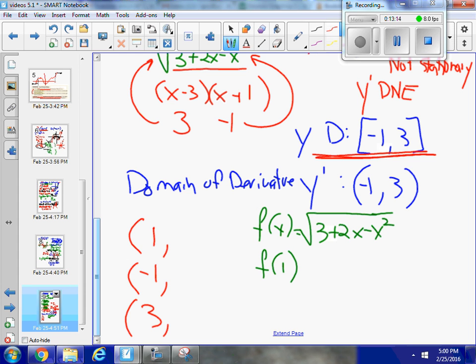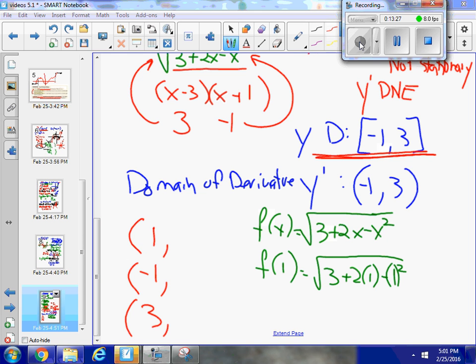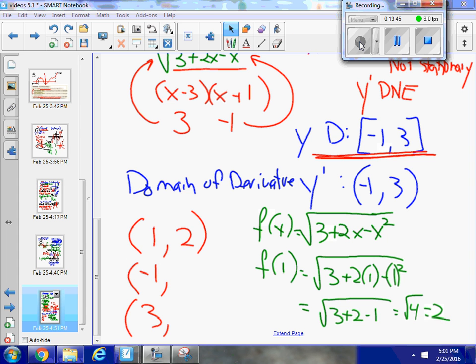Well, f of 1 would be equal to the square root of 3 plus 2 times 1 minus 1 squared. So that's equal to the square root of 3 plus 2 minus 1, which is equal to the square root of 4, which is equal to 2. So I have one possible extrema at 1, 2.